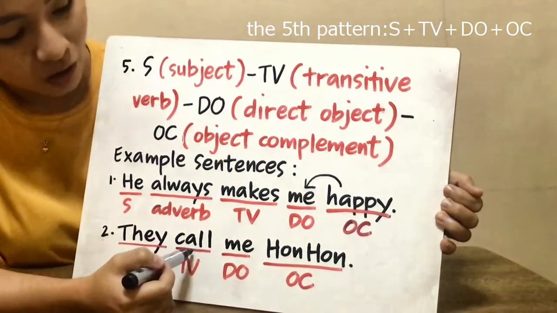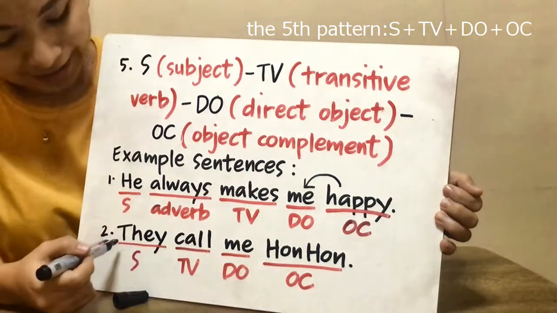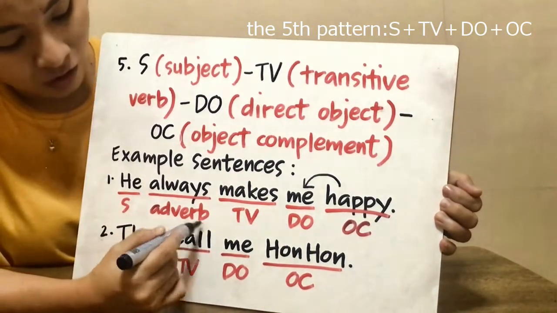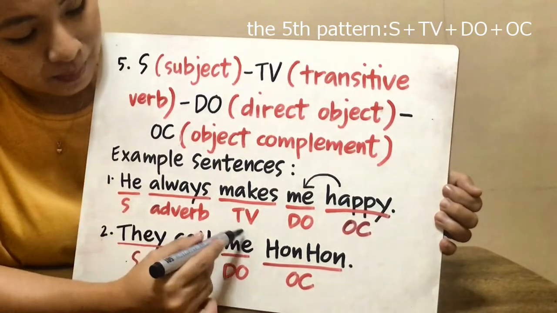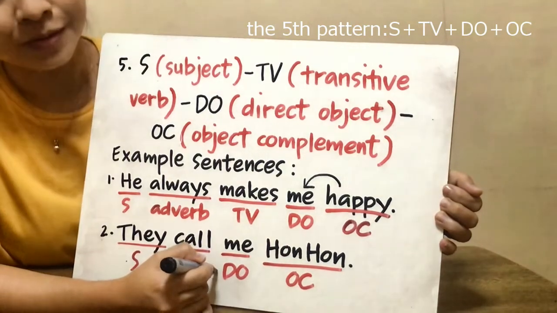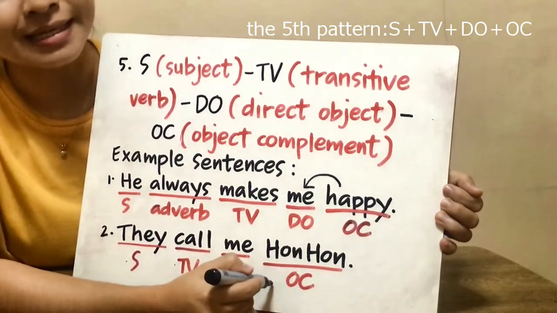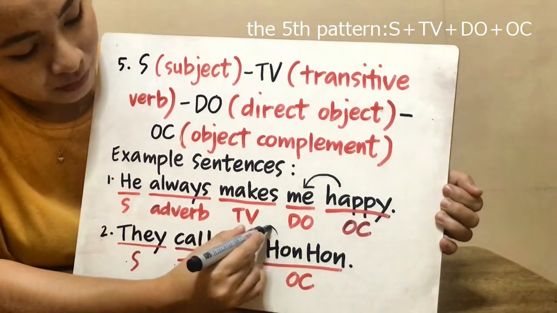Next, we have the second one. They call me Han-Han. They is your subject. Call is your TV or your transitive verb. Me is your DO. And Han-Han is your OC. So I will put an arrow.